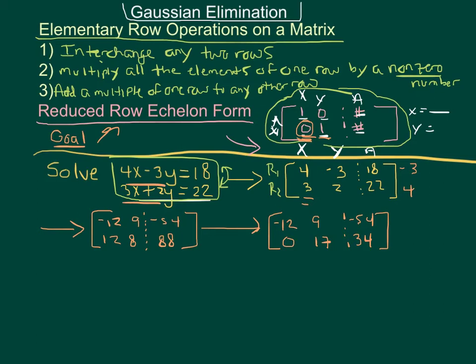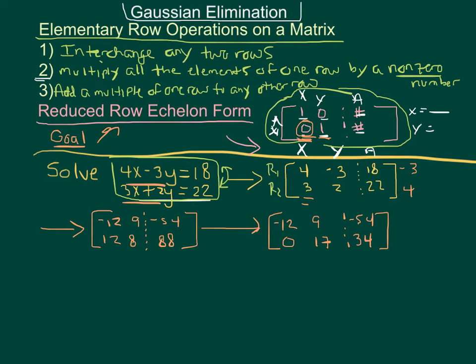So now what? Well, if you look at the bottom equation, I'm going to use operation 2 up here, and I'm going to multiply the bottom row by 1 over 17, or divide it by 17.